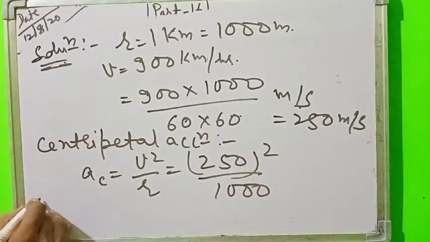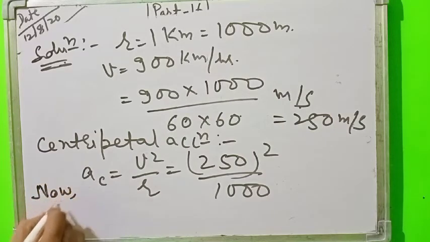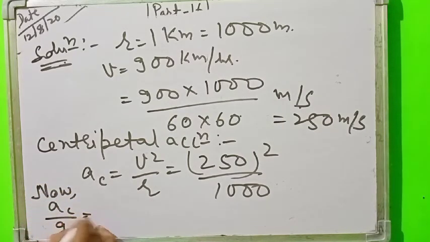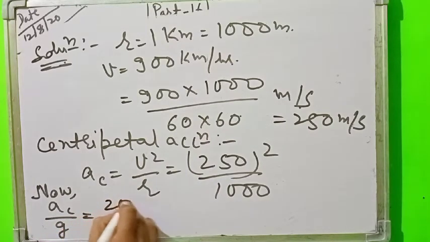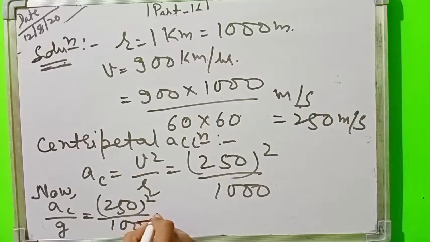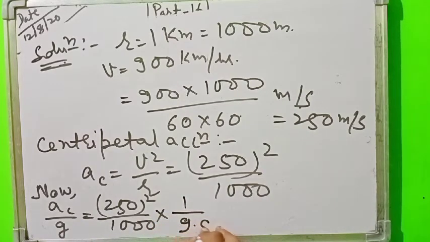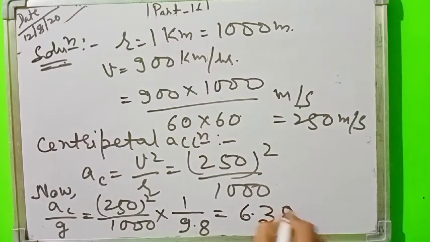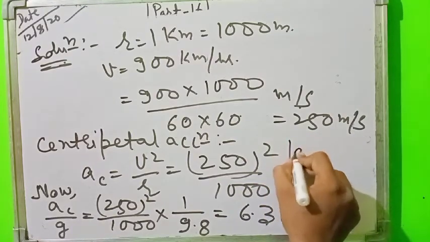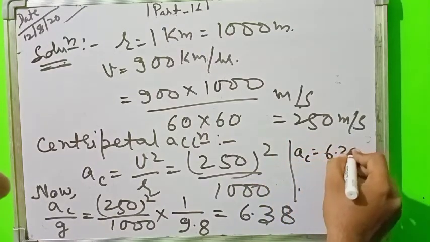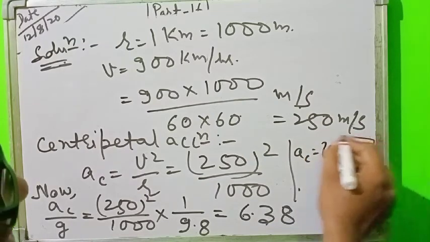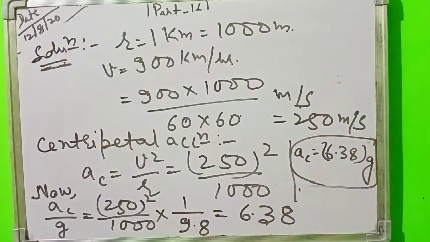And now a_c upon g is equal to 250 square upon 1000 into 1 upon 9.8, which is equal to 6.38. So you can write the comparison as a_c is equal to 6.38 into acceleration due to gravity.